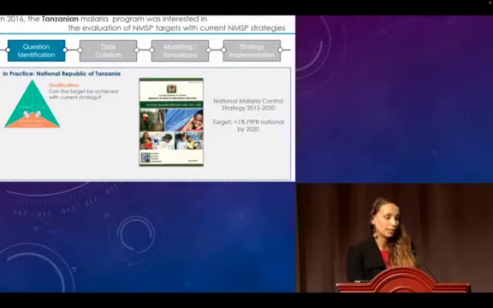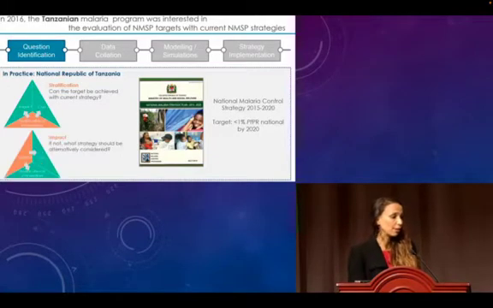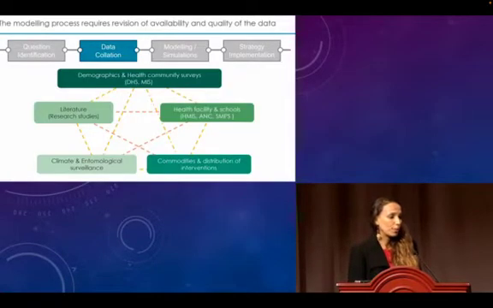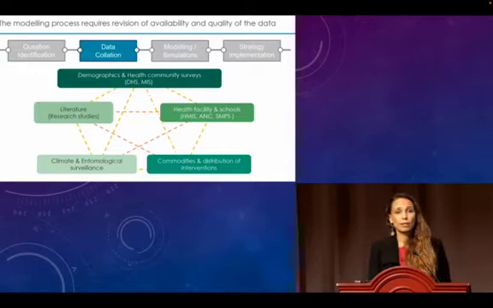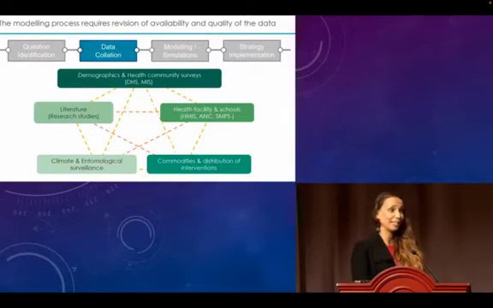So they contacted us, and we started working together to understand whether we can achieve this target with the current plan. And if not, the second question was, what would be the alternative strategy that would lead us to this goal? So we started the process by collating an awful amount of data that was available to try to answer these different questions.